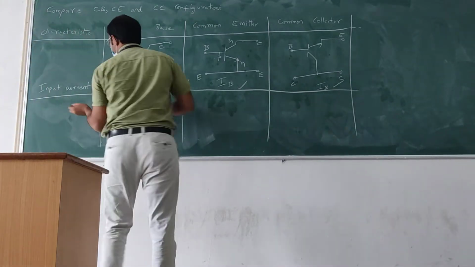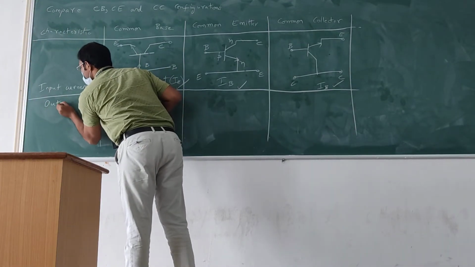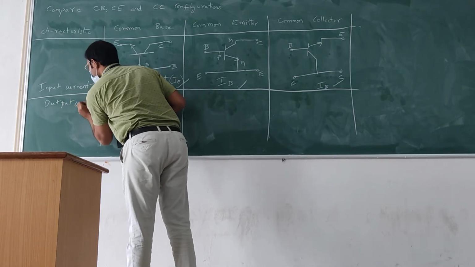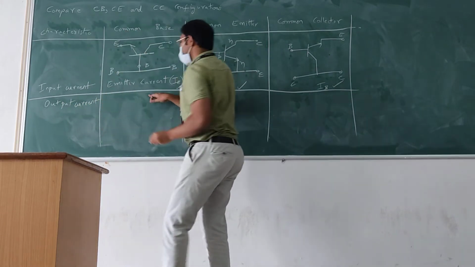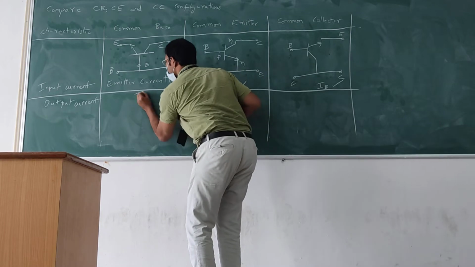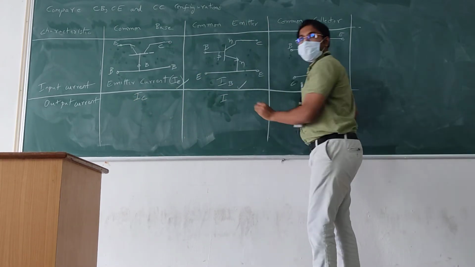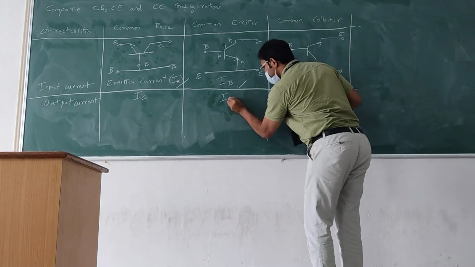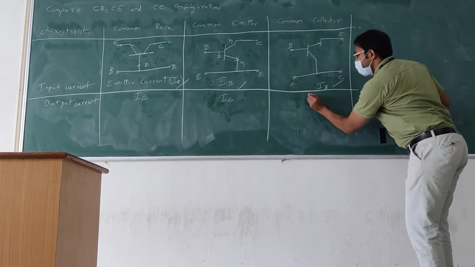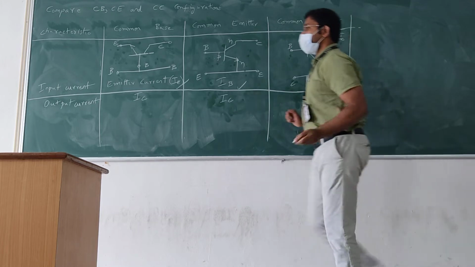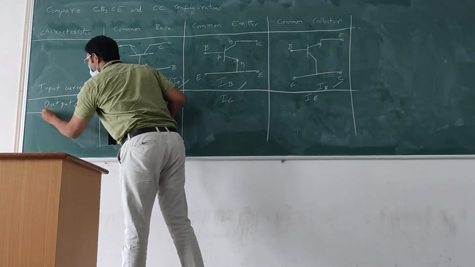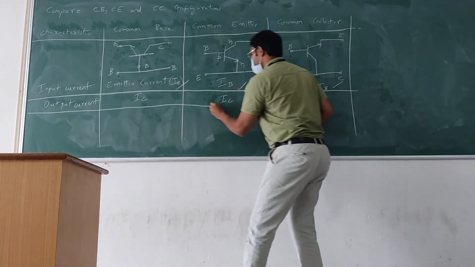Now very easy, tell me the output current. What is the output current here? Very good. I see here. All of you please, what is the current here? IC. What is the output current? Very good.